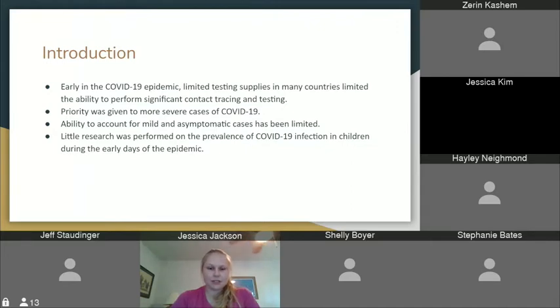And so little research was performed on, for example, the prevalence of COVID-19 infection in children during the early days of the epidemic, because children did not appear as a group to be getting very ill.